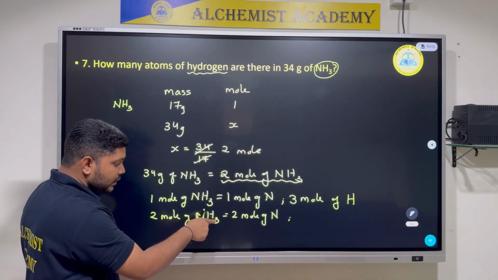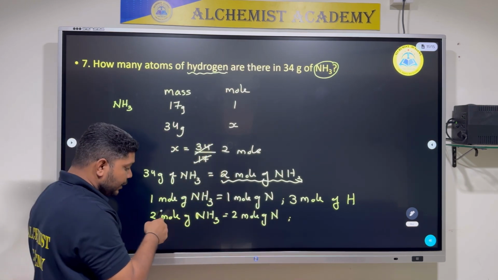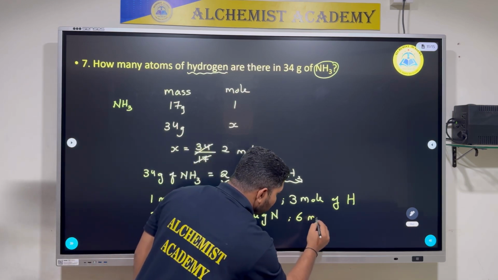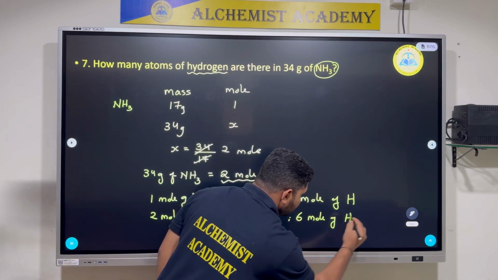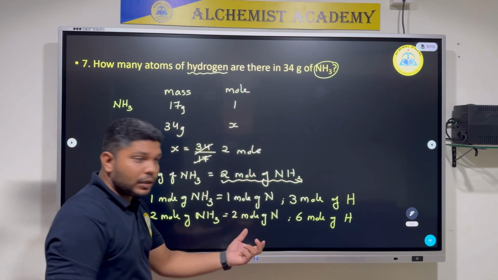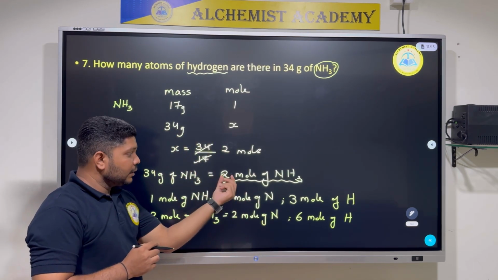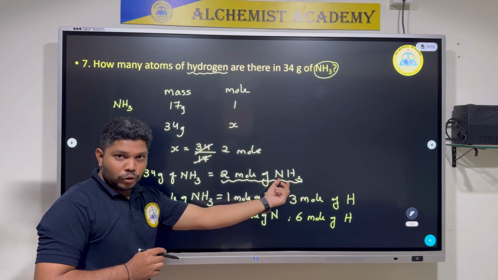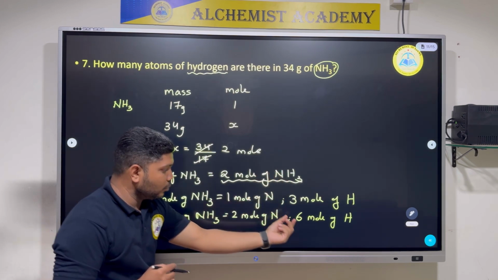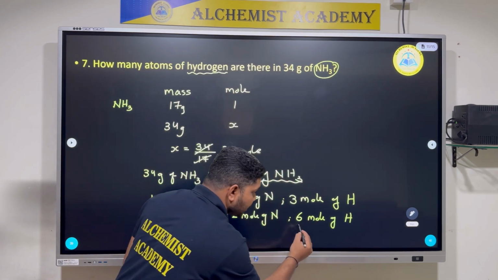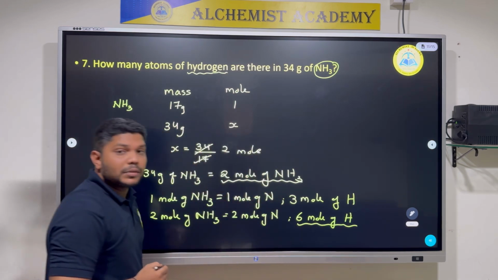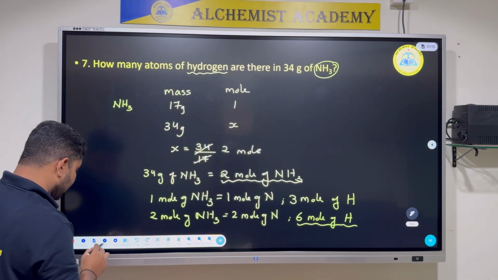Hydrogen is 3, so 3 into 2 gives 6 moles of hydrogen. Correct? So in 34 grams of ammonia there are 2 moles of ammonia, and in 2 moles of ammonia, 6 moles of hydrogen are present.